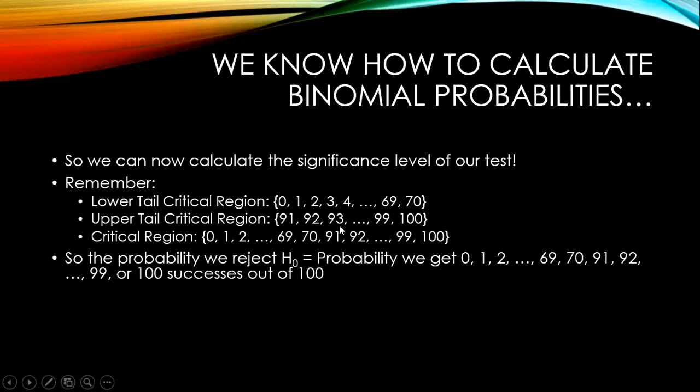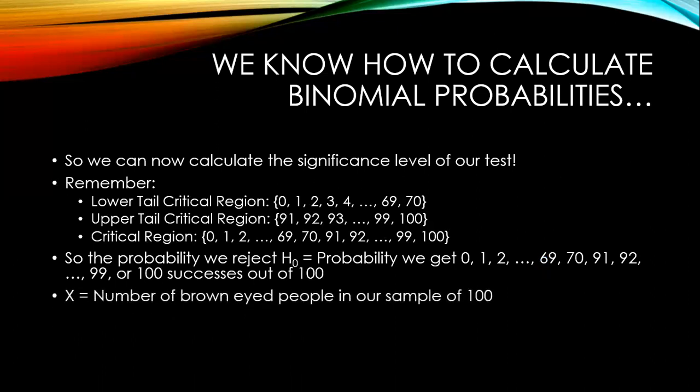Or if 92, 93, 94, 95, up to 100, again we reject H0. So to work out our significance level, the probability that we reject H0, we need to add up these probabilities: the probability that 0 people have brown eyes, 1, 2, 3, up to 69, 70, 91, 92, up to 99, and 100.